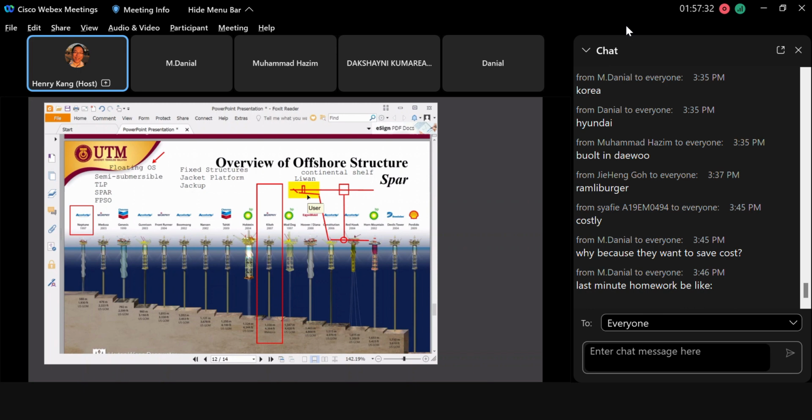Within a very short period, they managed to catch up with the many years of experience from the Gulf of Mexico. They're really powerful and really fast in their development. Also they already have their DP system, and almost all of the subsea packages they already have their own replacement. So it's very powerful for them.